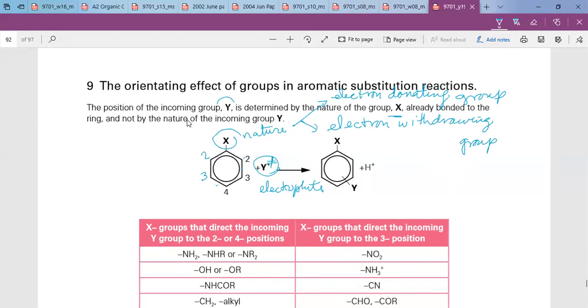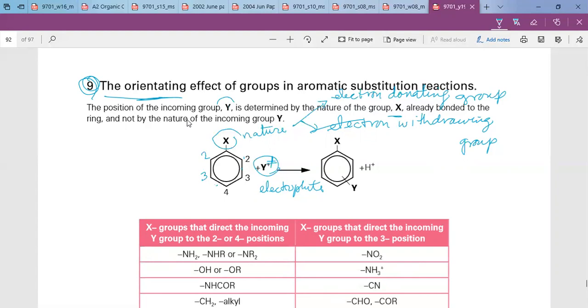All right, the question comes out here. Now, remember this table was only introduced, I think, last year. Before that, it was not on the syllabus, but they asked, but they gave you the information.